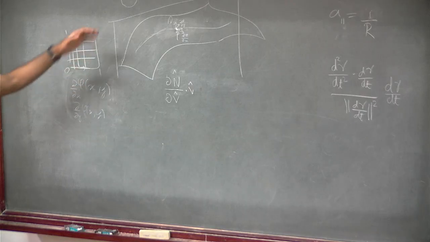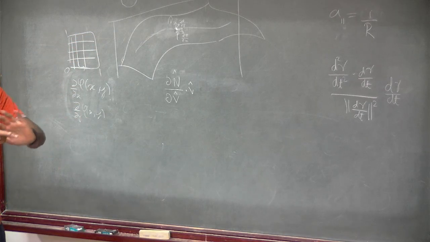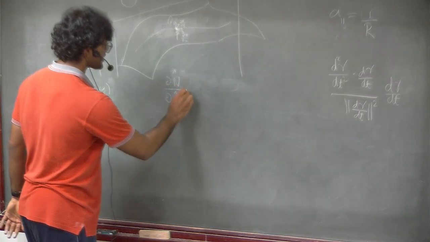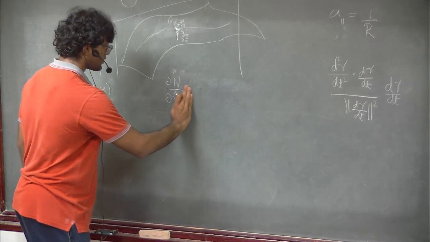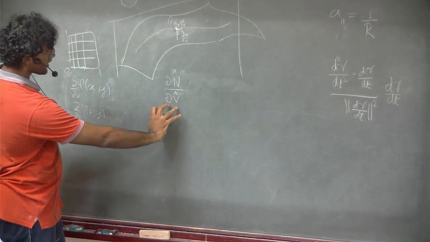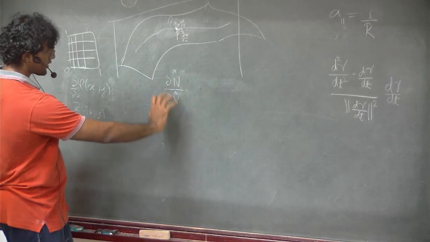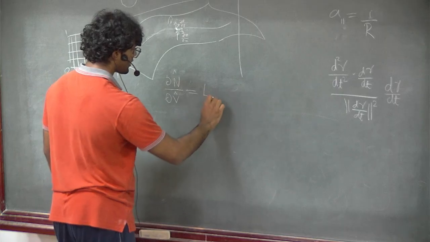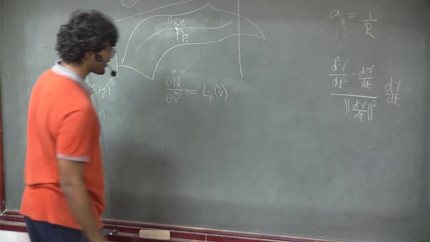If you want a justification, just a small digression into some linear algebra. This map that you're considering, this unit normal, is some function of v, right? The standard notation, we call it L_P of v.